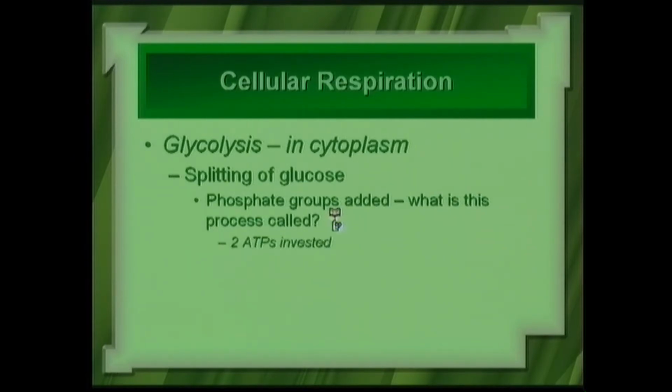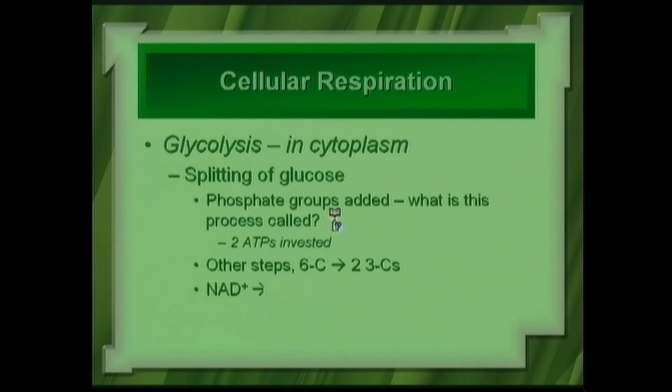Another thing is that during glycolysis, the cell needs to invest 2 ATPs to make the reaction start. Then there's a series of reactions, with steps that split the 6-carbon glucose eventually into 2 3-carbon compounds.